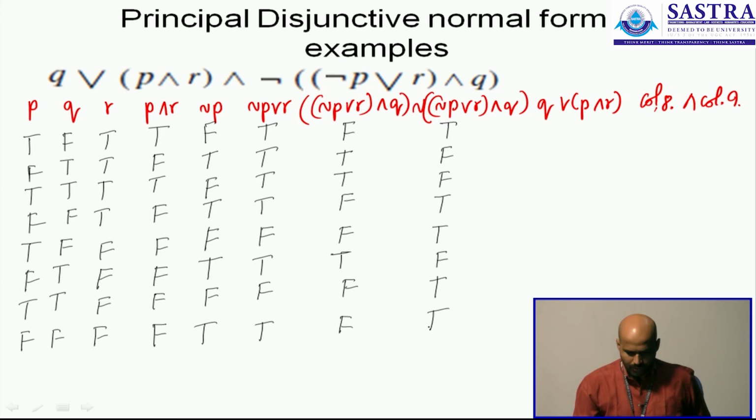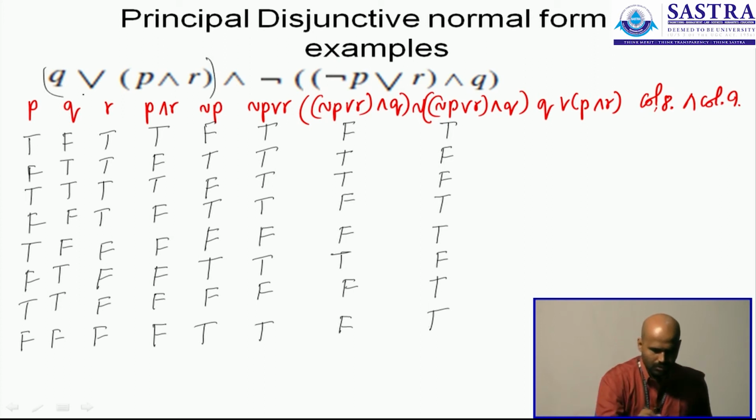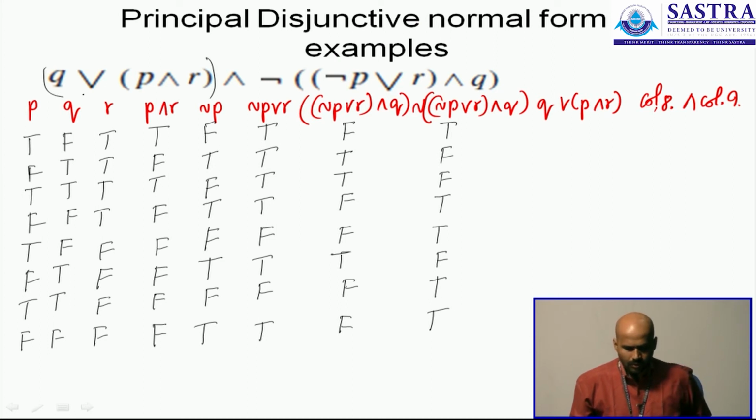Now what remains is a disjunction between columns 2 and 4. Disjunction. And now a conjunction between the last two columns.